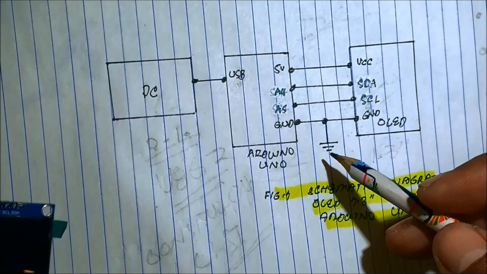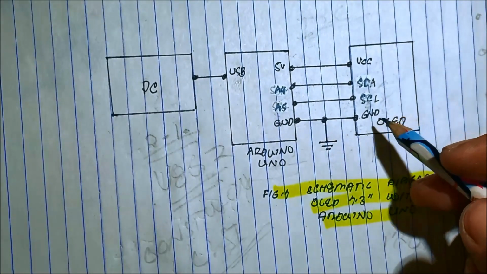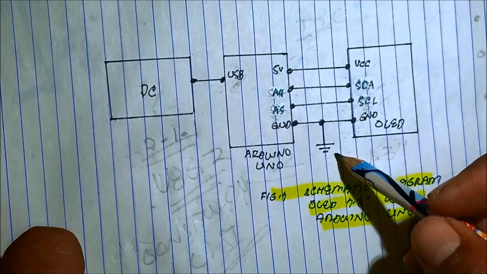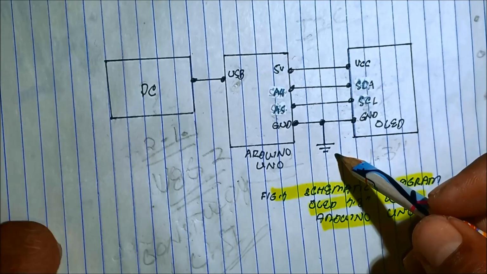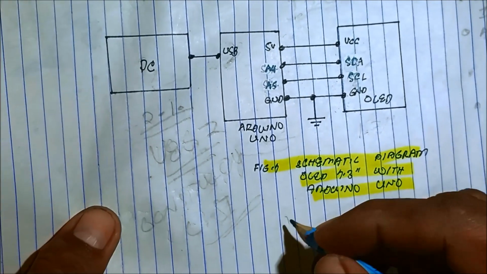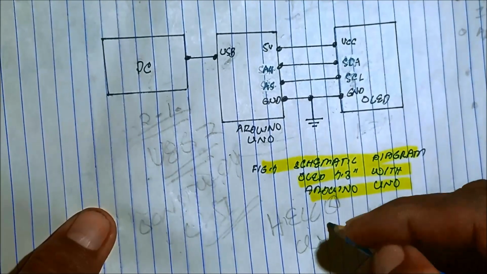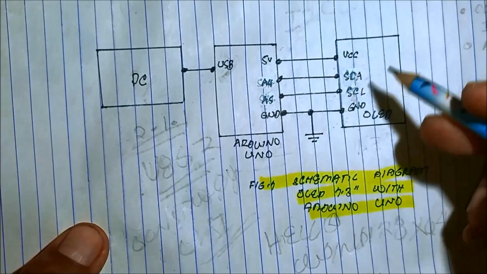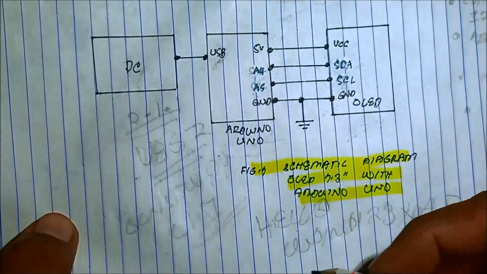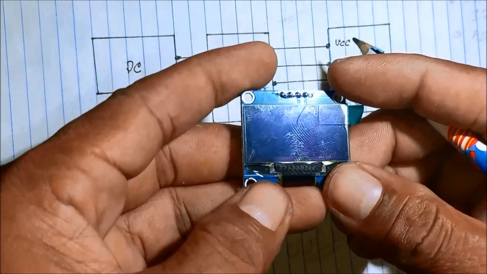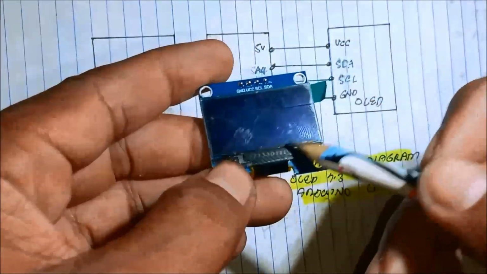And with the use of the code, we also uploaded the code for the project, and that is the hello world. Okay, after uploading the code, we have this hello world printed on our OLED display.